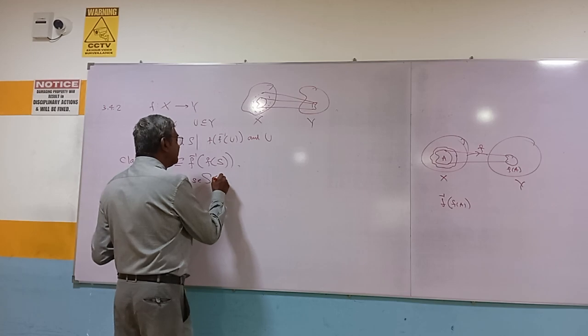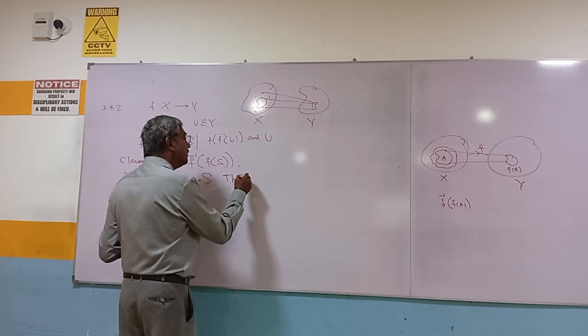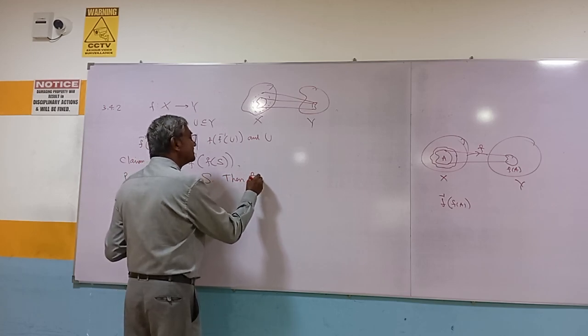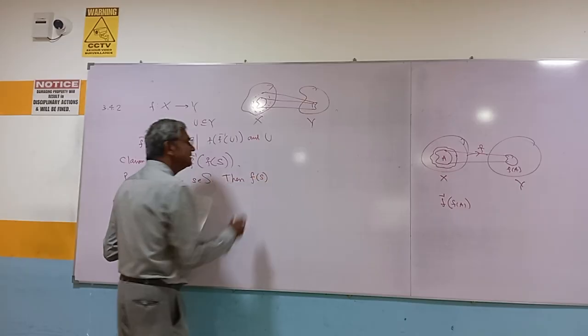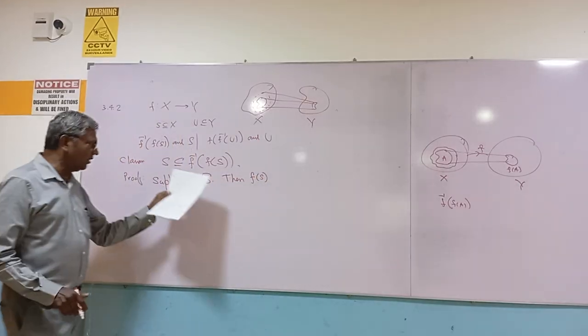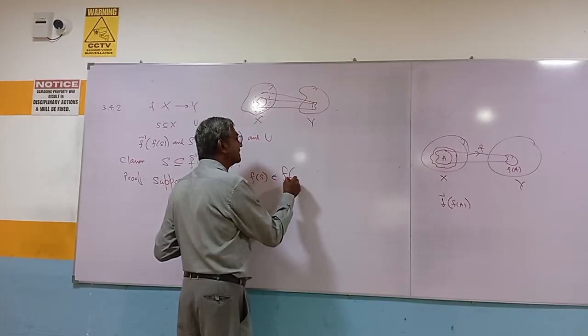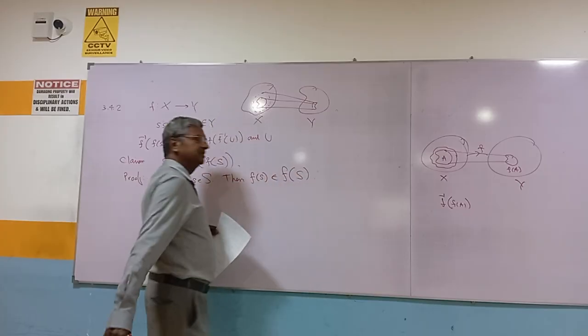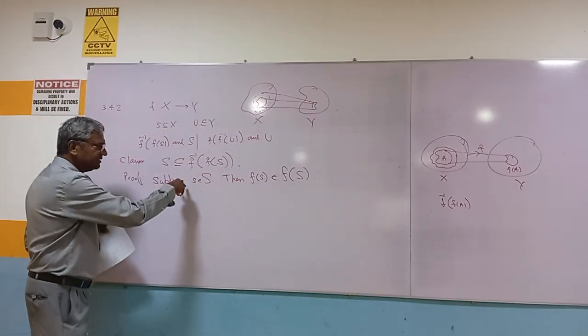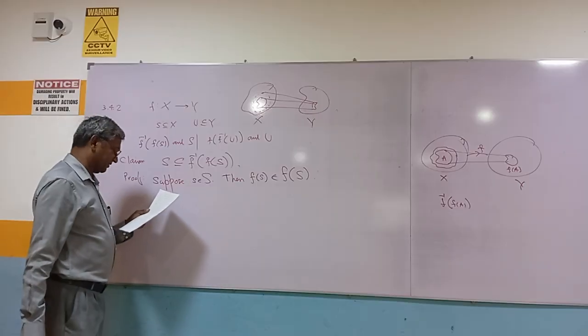Then what do I know? Then F of little s belongs to F of capital S. If s belongs to S, then F of s belongs to F of S, right?